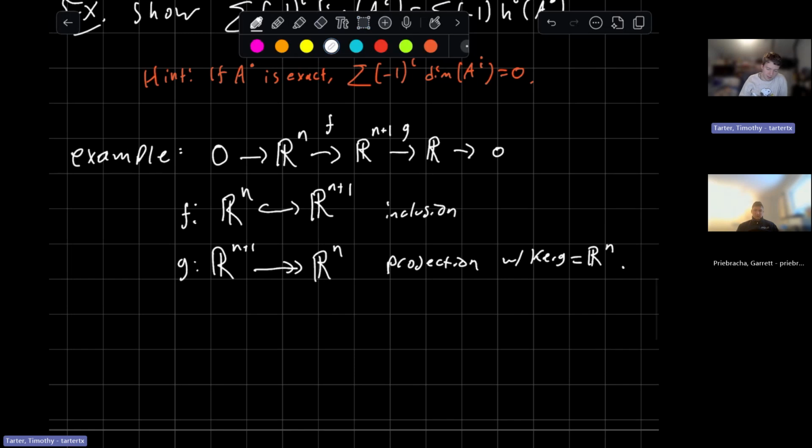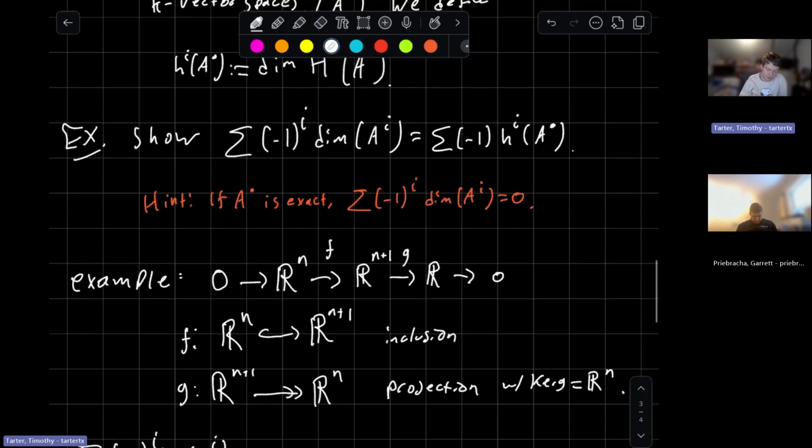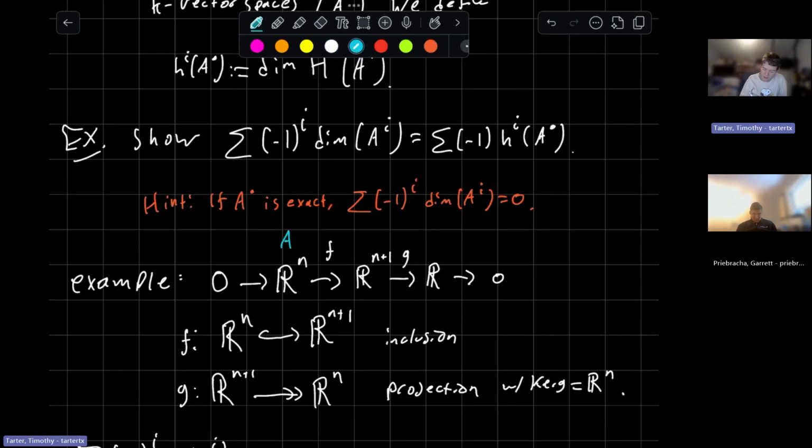So the complex is exact. The sum of (-1) to the i dimension A_i. Well, this is A1. They start the index at 1. This is A2. This is A3.